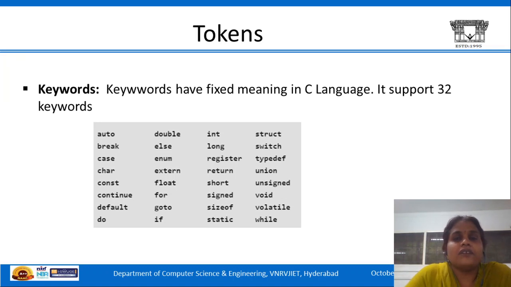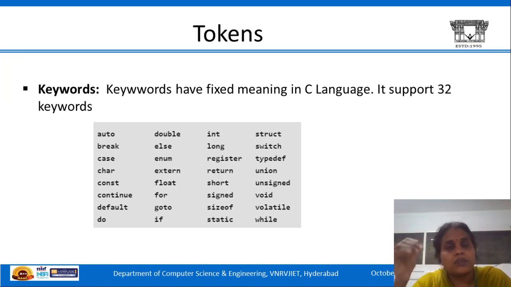We'll see. Keywords have fixed meaning in the C language. We already discussed that C is a group of library files, and some functions are already defined in the library. So some words are already defined in the library files, and those words are called keywords, and we should not use these keywords for other purposes. You remember all those keywords: auto, used while defining variables.